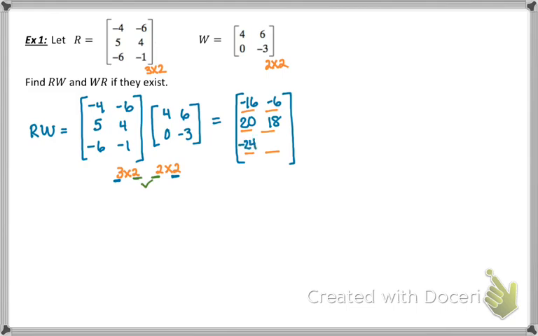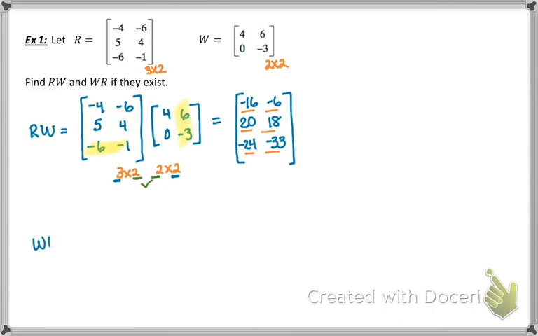Okay, finally, last element in the third row, second column. -6 times 6, -36. -1 times -3, +3. -36 plus 3 is -33. And that is your matrix RW.